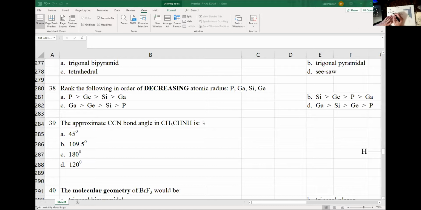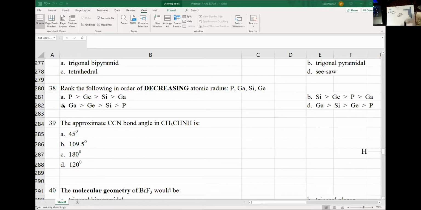When I compared phosphorus and silicon, I need phosphorus to be the last one and silicon to be next. That satisfies this one. The only one of the others that has phosphorus in the right place is D, and it has silicon in the wrong place. We're done right now. We can get that answer.